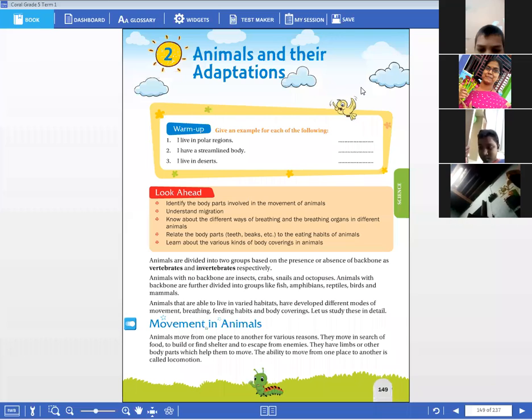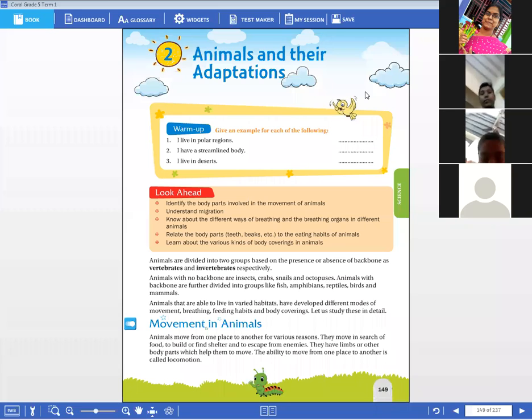Deepika? Very good. Kiran, yes, Kiran. Yes, Kiran. Shivasai. Pawan, waiting for your notebook.